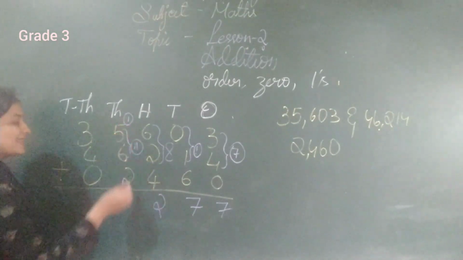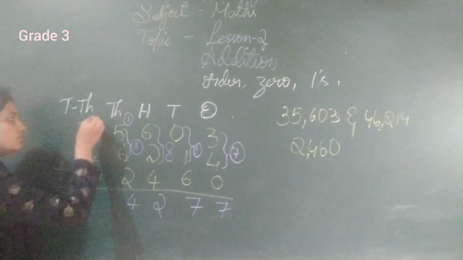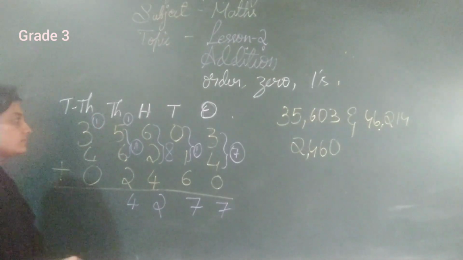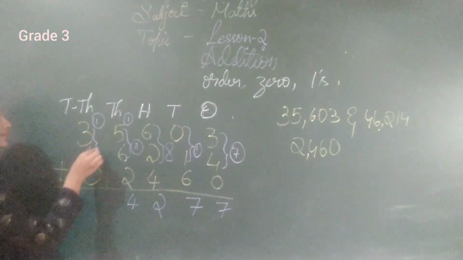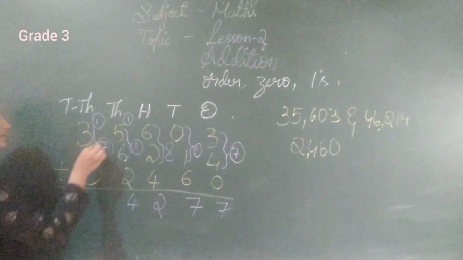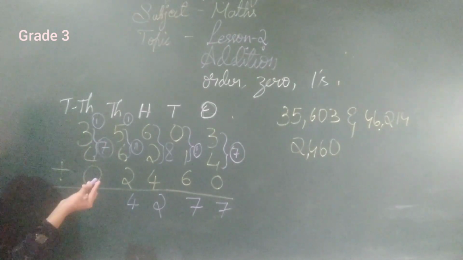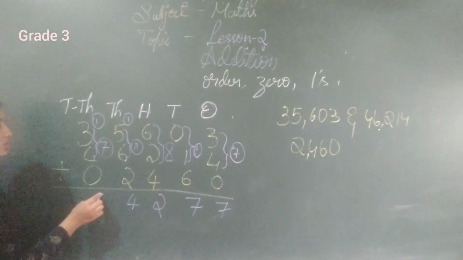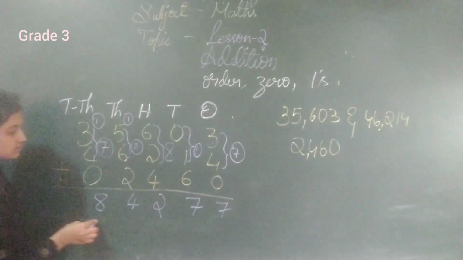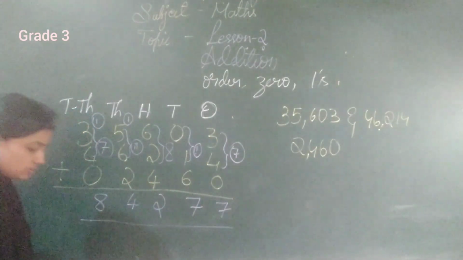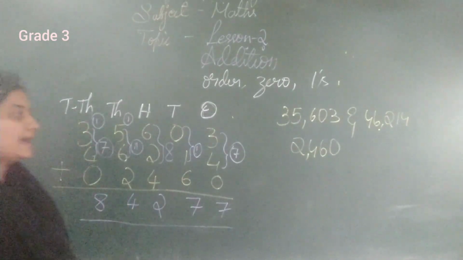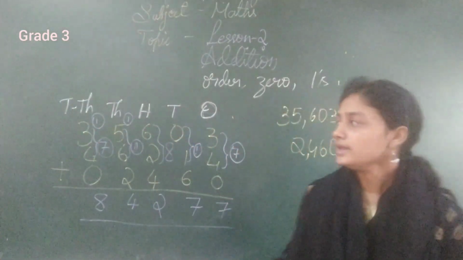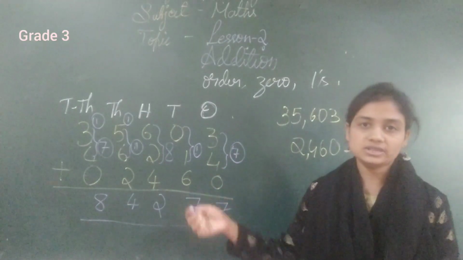Plus I have 1 carry, so 14. 4, 1 carry over. Next 3 plus 4 is 7. 7 plus 0, zero property. Answer is 7 only. I have 1 carry here, so it becomes 8. So children, now we have learned adding even numbers of different digits here.